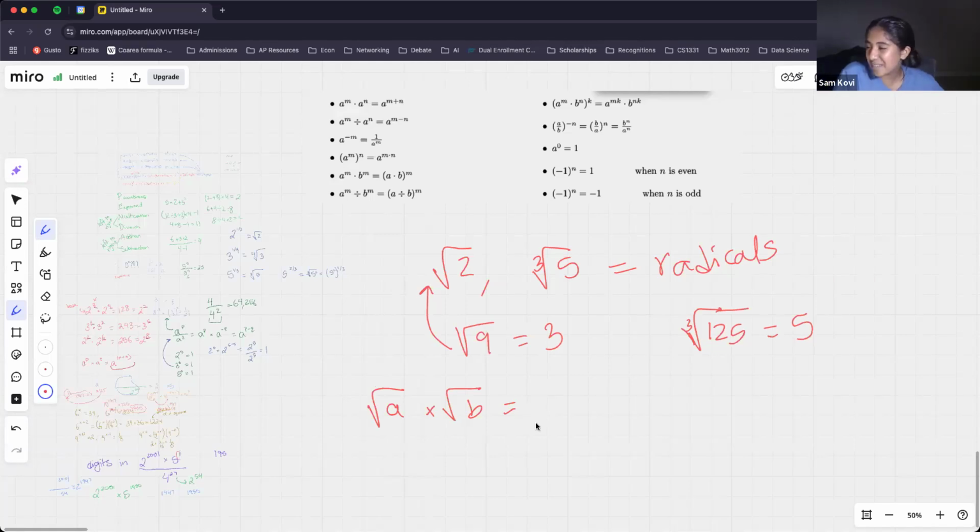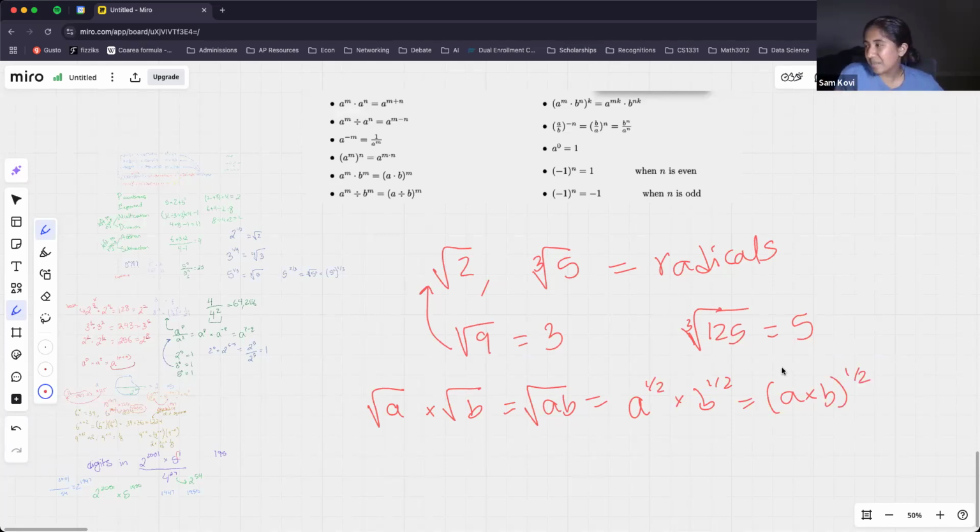Yeah, the square root of a times b. Very good. The reason I know that is because I can write a to the power of 1/2 times b to the power of 1/2, and because these exponents are the same, I can merge the bases together to get a times b to the power of 1/2. So that's how I get the square root of ab.